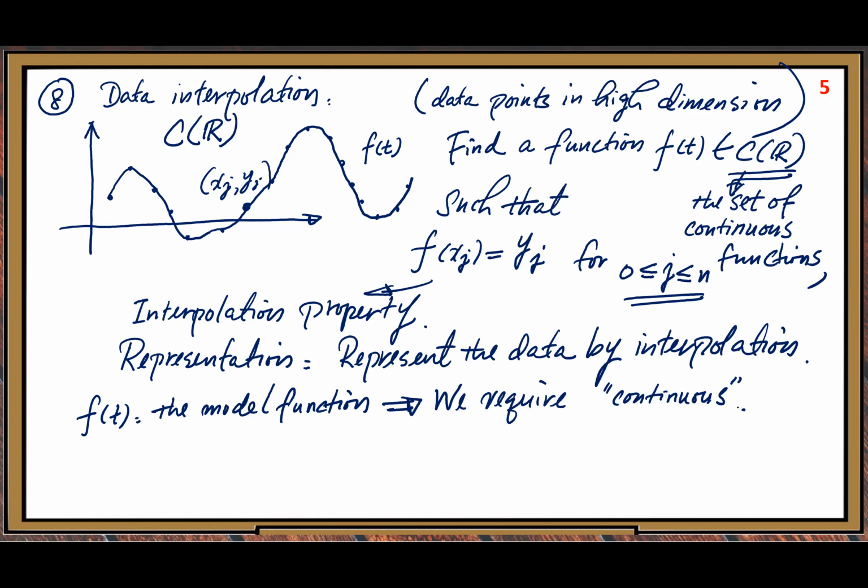But this requirement may not be good enough. Why? Because when a function is required to be continuous, there are so many different ways to choose from. Look at a simple example here.